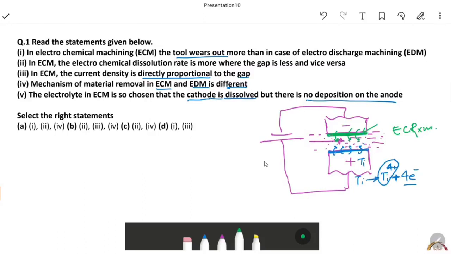As a result, the electrolyte is chosen in such a way that these titanium ions are not electrodeposited here. Rather, they react with some species in the electrolyte and get precipitated.